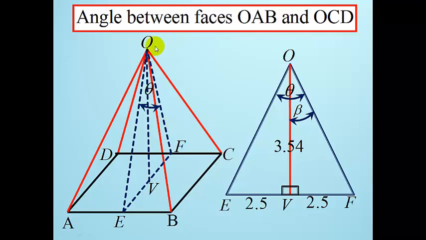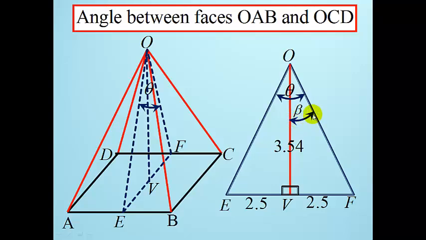Now, OV is the height of the triangle, and the height has been already calculated. We have 3.54. Now, the angle between the faces OAB and OCD is the angle theta as shown in the pyramid. But we need to divide the angle into 2 so we can find the beta. After calculating for the beta, we multiply the beta by 2, and that will give us the angle theta.